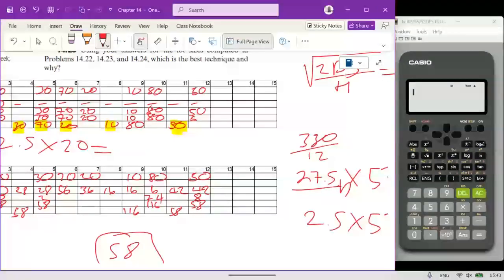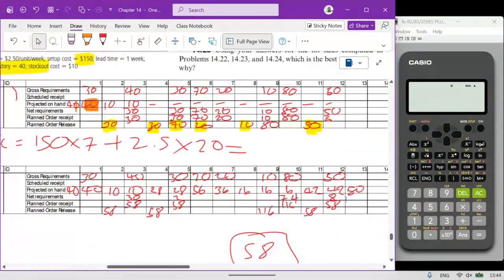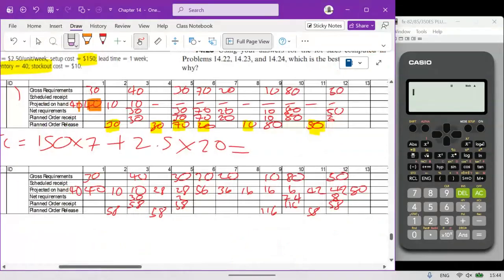50. So you do the same. You want to sum up only this.